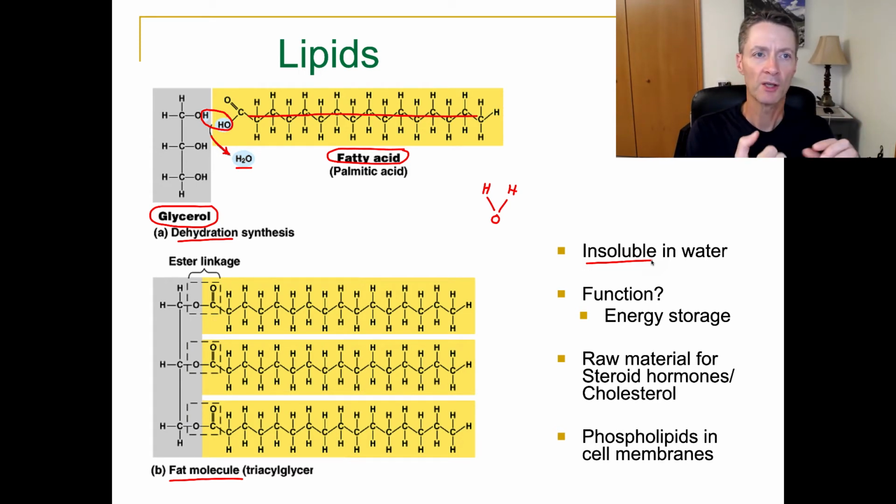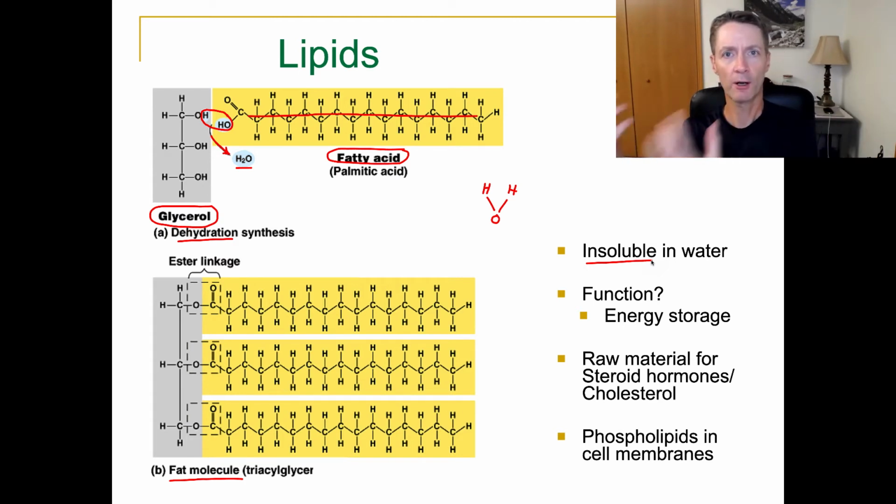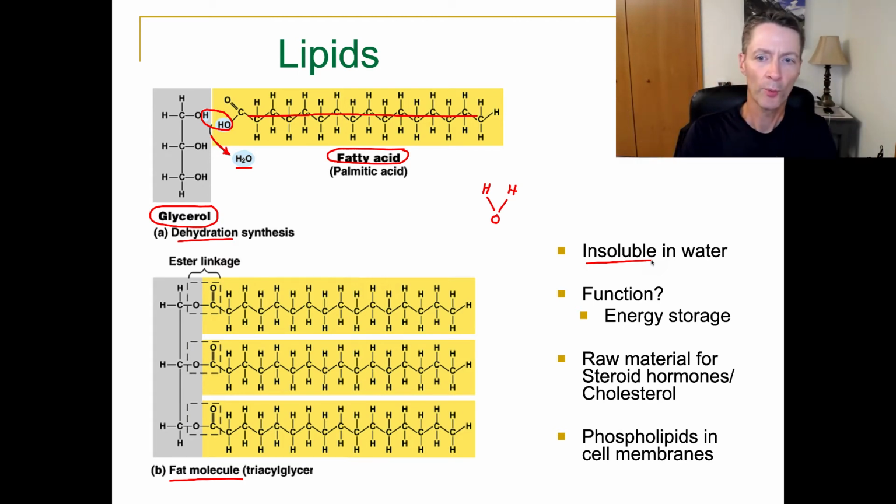Hydrophilic would be a salt in water, right? We have charged ions. They like to be in a charged environment. Here we have uncharged molecules, like this fat, like oils might be, and it is going to be insoluble in water, hydrophobic, okay?